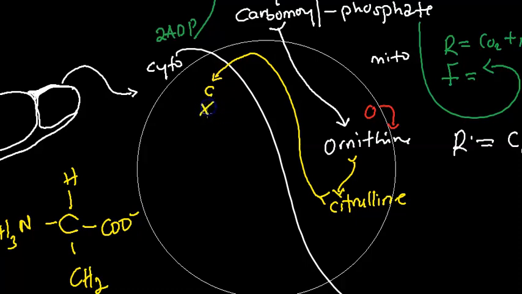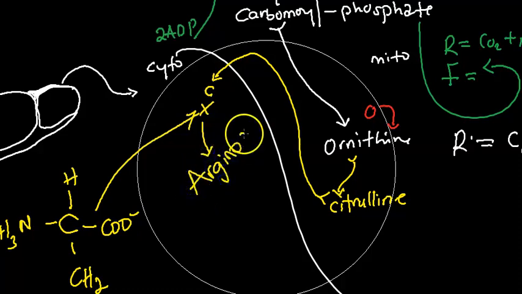Our citrulline combines with aspartate to form this guy known as argininosuccinate, with the aid of the enzyme known as argininosuccinate synthetase, ASS, with the addition of a molecule of ATP.